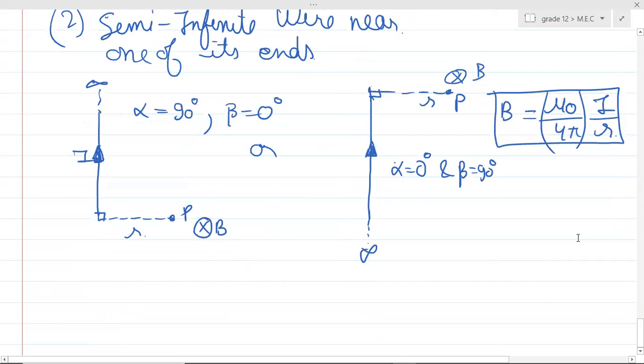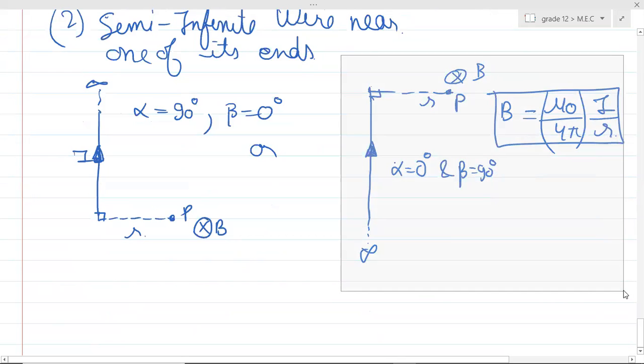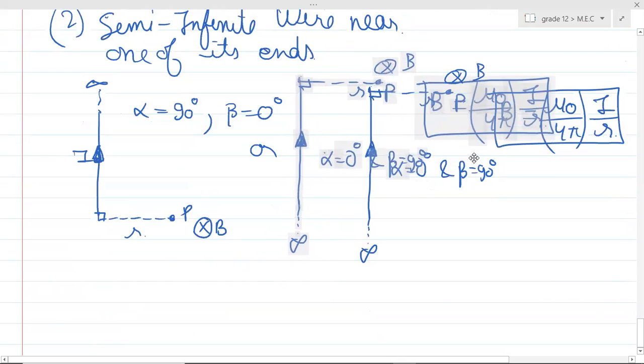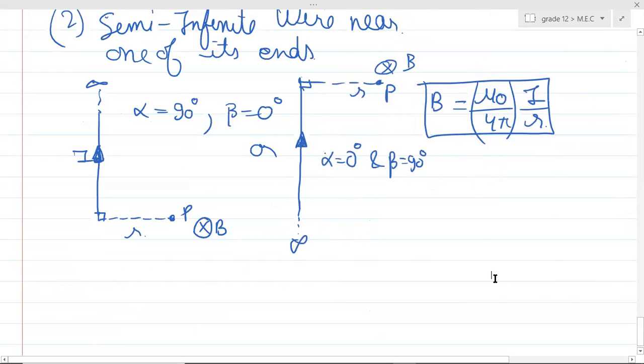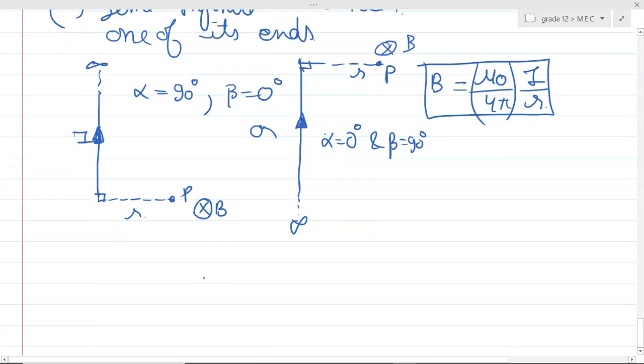Does anyone remember? It's root 2 k lambda by r. In electrostatics, it is root 2 k lambda by r.